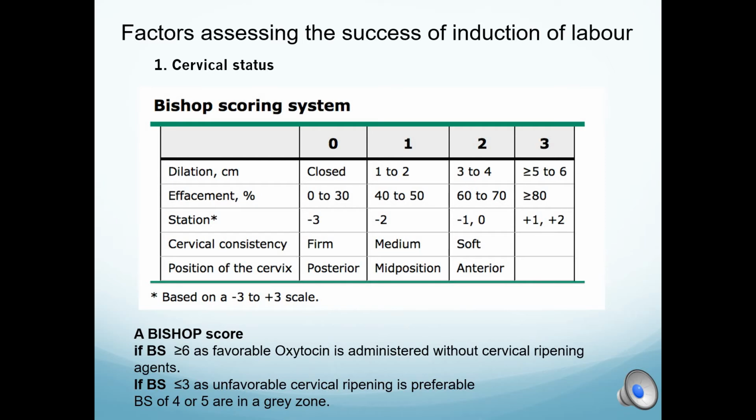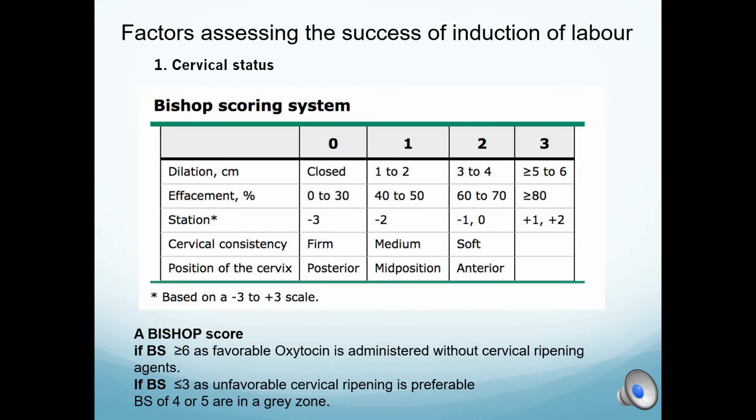Factors assessing the success of induction of labor. There is the cervical status factor and there are non-cervical factors. In this slide, we are talking about the cervical factor. We are going to assess the cervix by Bishop score.